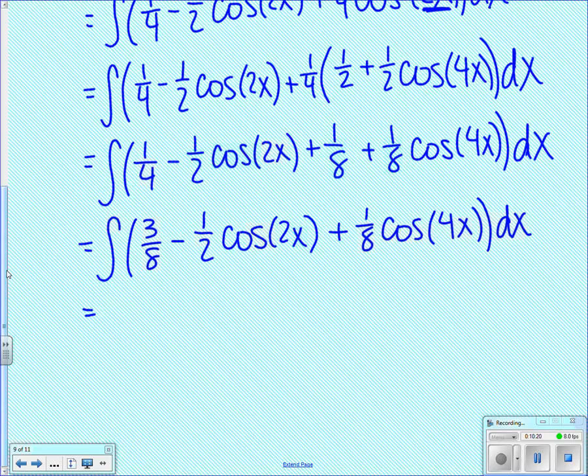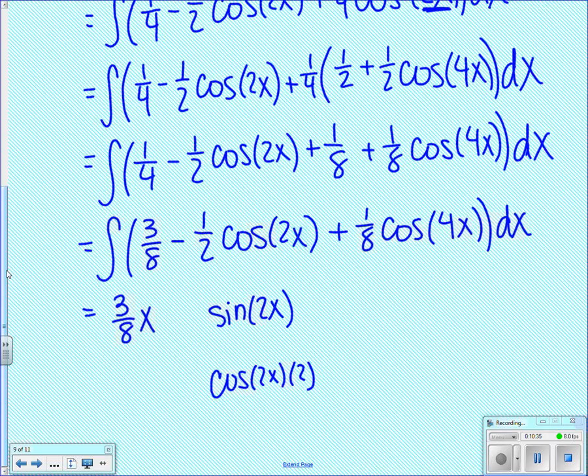Integration of 3/8 is going to be 3/8 x. The integration of cosine of 2x is going to go to a sine of 2x. And then if you take the derivative of that, you would have cosine of 2x times 2. And we need it to be a 1/2, so you need to add a 1/4 in front of that. So we have minus 1/4.